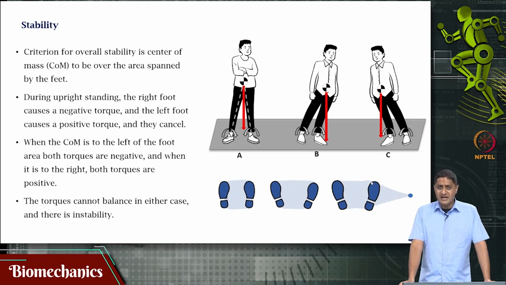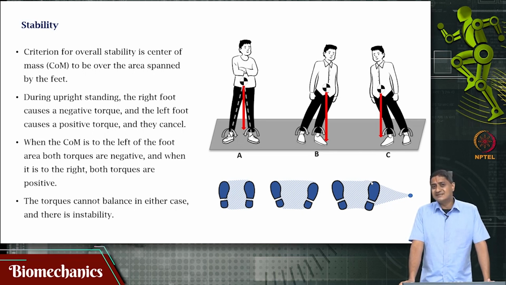So, there are many aspects of this. Coming back to the topic of stability, stability essentially implies that the center of mass should be over the spanned area, and remember this stability is different from what are broadly called stable movements, or what is broadly called balance.